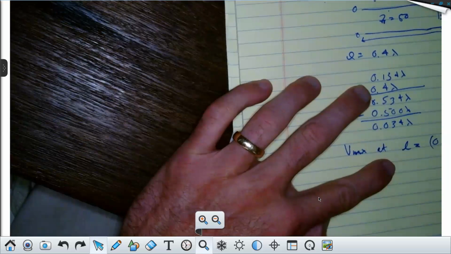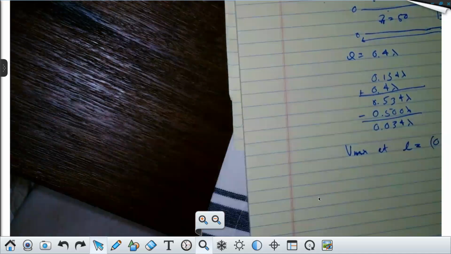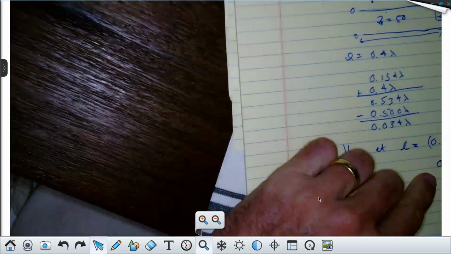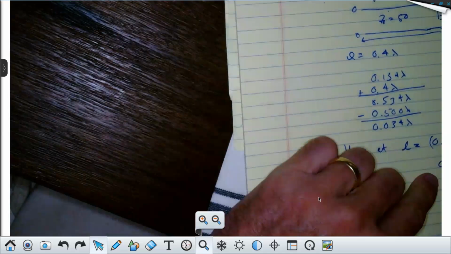With me? And that's going to be what? 0.116 lambda, isn't it, class?